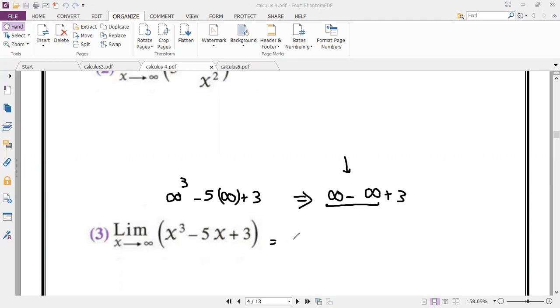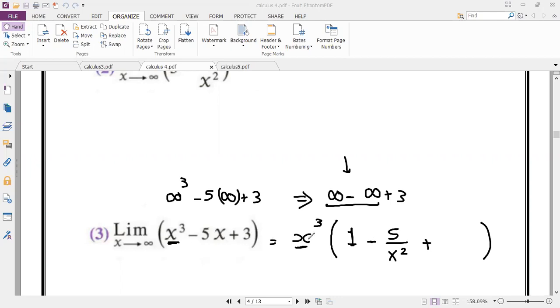We can take x to the power of 3 as a factor here. If we took x to the power of 3 as a factor, then dividing this term by x to the power of 3 leads to 1. And minus 5x divided by x to the power of 3 will be minus 5 over x squared here.